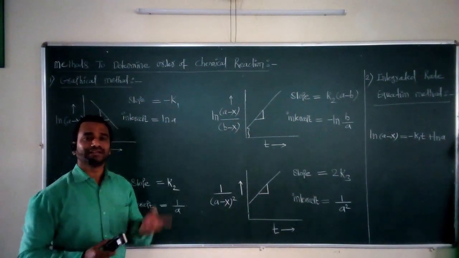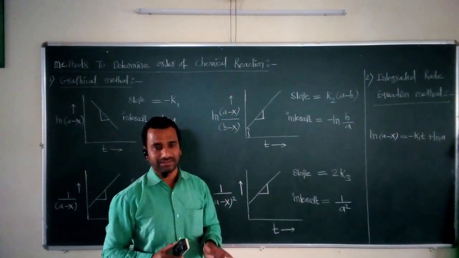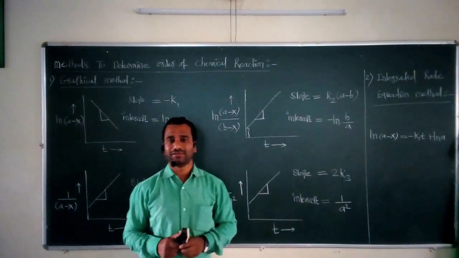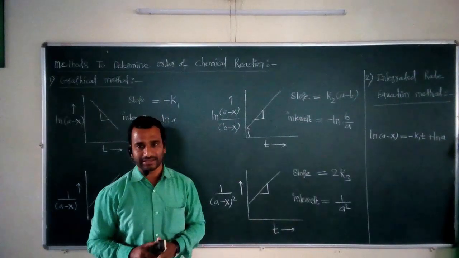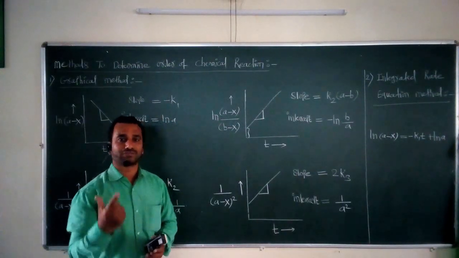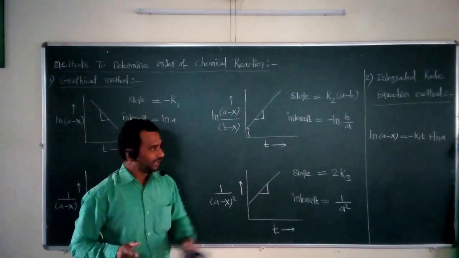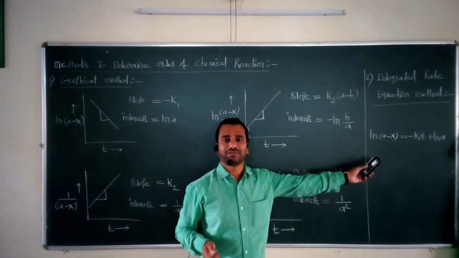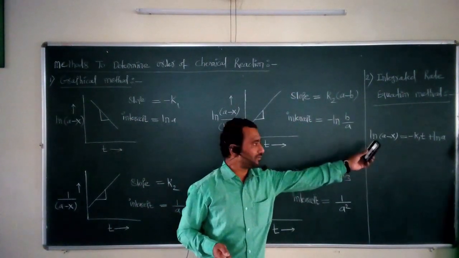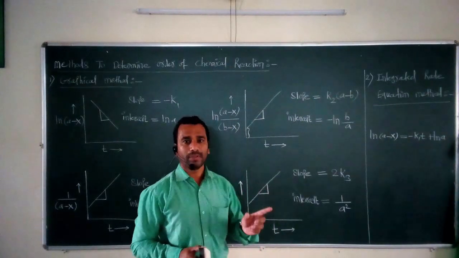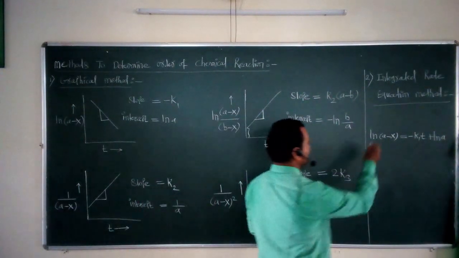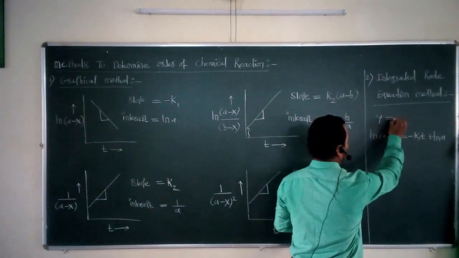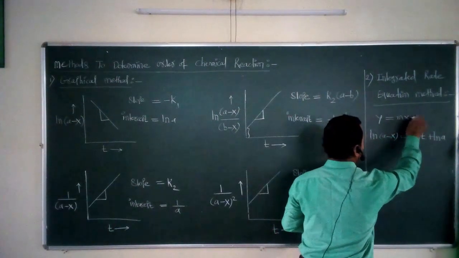After converting the integrated rate equation of the different orders into the straight line equation, we have to plot a suitable graph. For example, this is the straight line equation for the integrated rate equation for the first order reaction. This equation is in the form of a straight line, that is y equal to mx plus c.